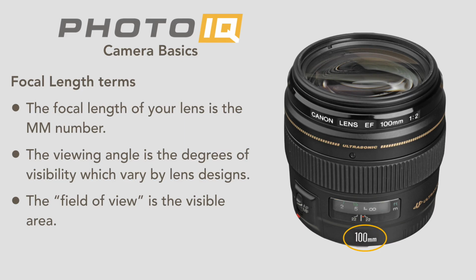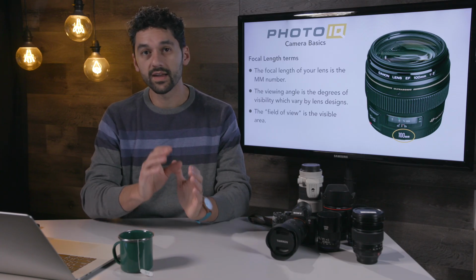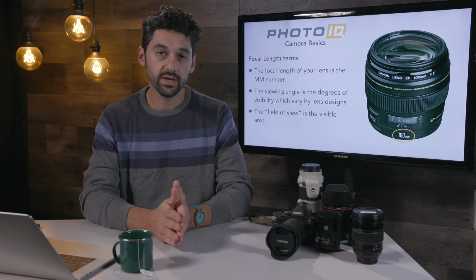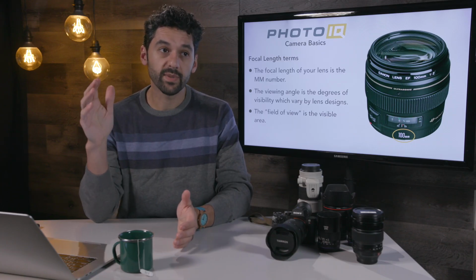The viewing angle is the degrees of visibility. By degrees, I mean of a circle. So for example, a 45 degree angle or a 90 degree angle. That is going to be your viewing angle of the lens. Every lens is going to have a unique viewing angle, and it's going to vary by design.